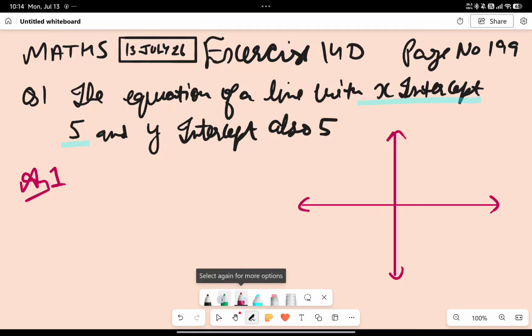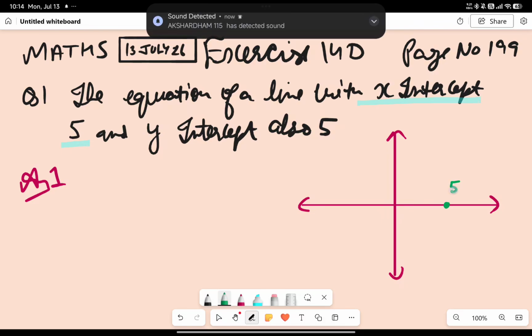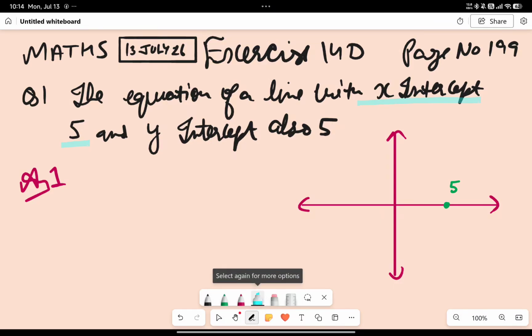It means on the x-axis I have got a point which is 5 units from the y-axis. Similarly, the y-intercept on the y-axis is 5, so another point is 5 units from the origin. Now let us combine these two and make a line through it.